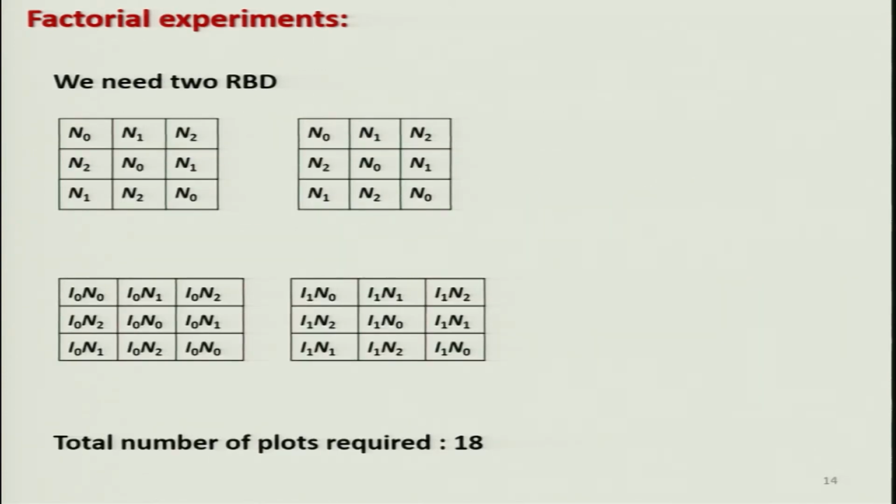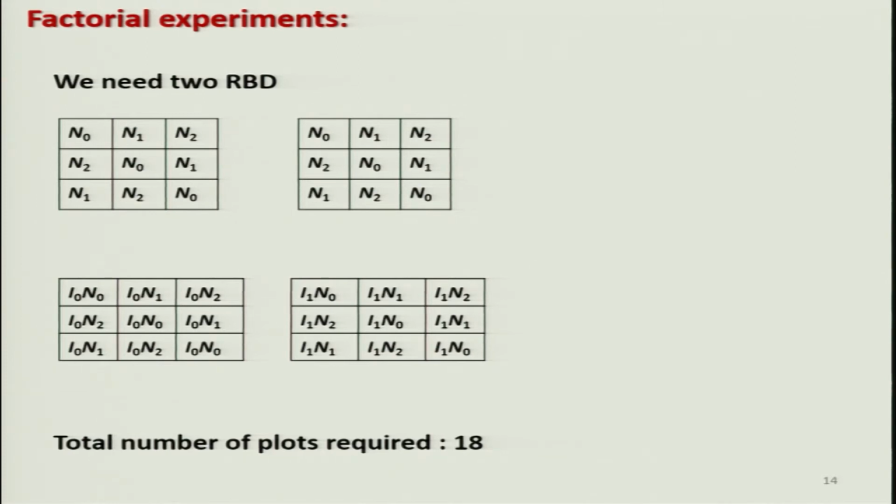For example, let me consider a simple example. Suppose we want to compare these 2 levels of irrigation I0, I1 and 3 levels of nitrogen N0, N1 and N2. Now, suppose you do not want to use the factorial experiment.